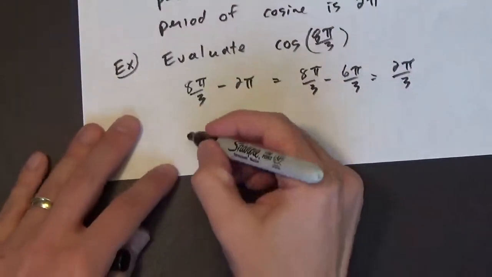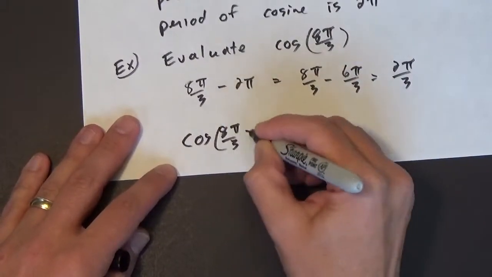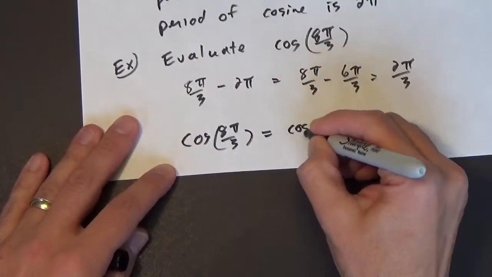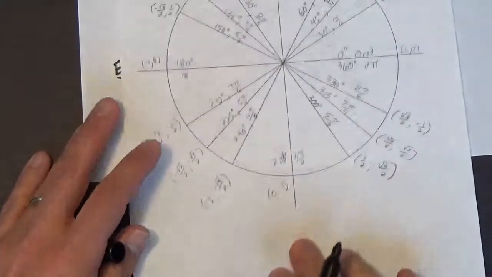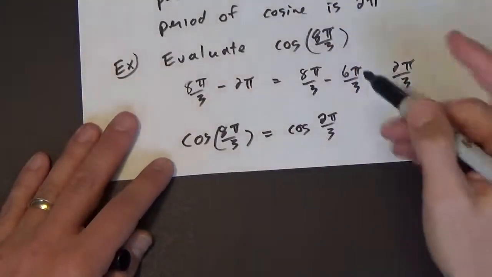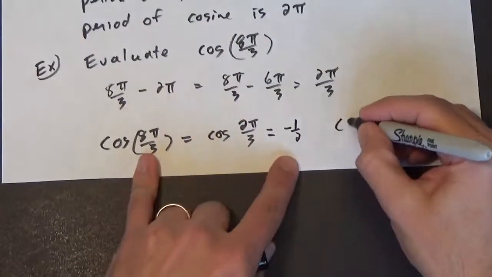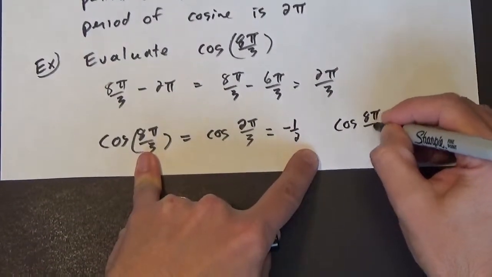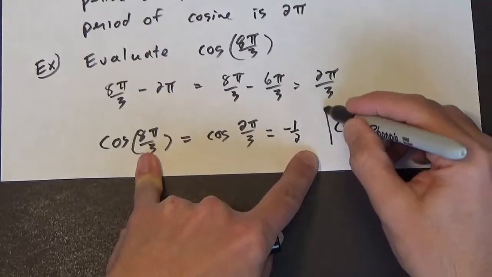So this means the cosine of 8 pi over 3 equals the cosine of 2 pi over 3. And the cosine of 2 pi over 3 is negative 1/2. So that means the cosine of 8 pi over 3 equals negative 1/2.